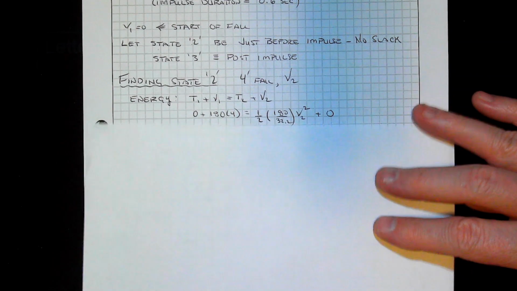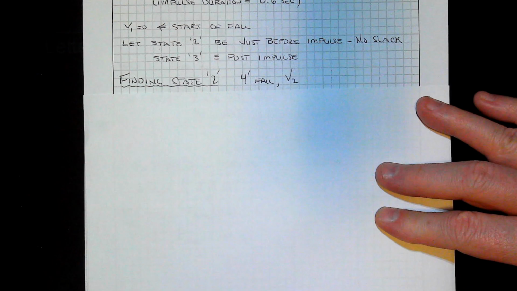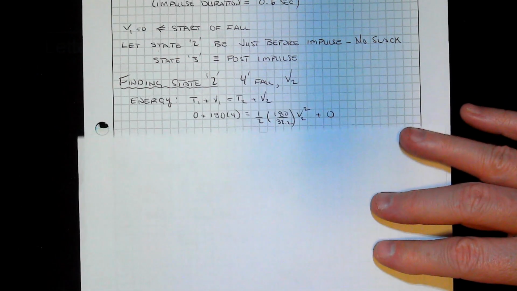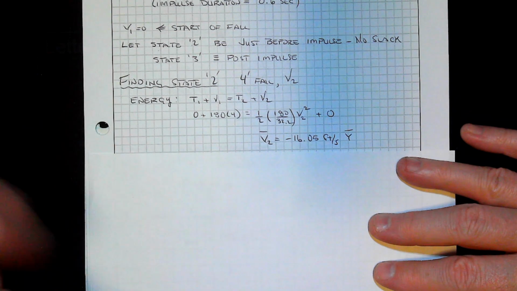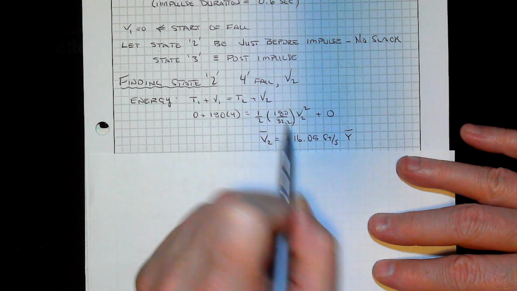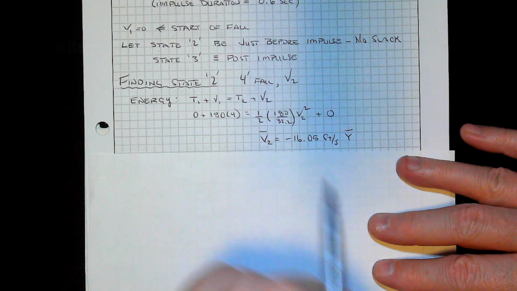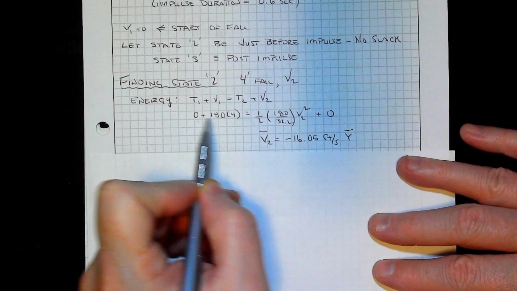So let's take that on. We've got to find state 2, 4-foot fall leading to velocity at state 2. We've seen a lot of these things before, so let's just take a look at that. Energy is kinetic plus potential at state 1, equals kinetic plus potential at state 2. We start from rest, fall 4 feet.